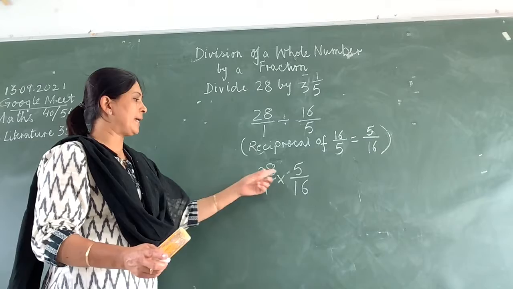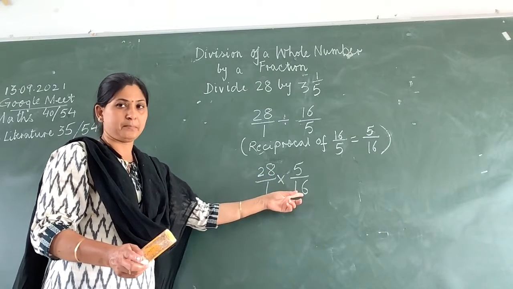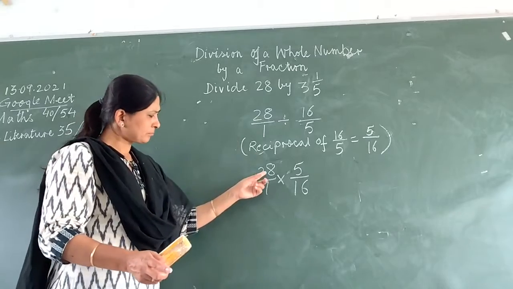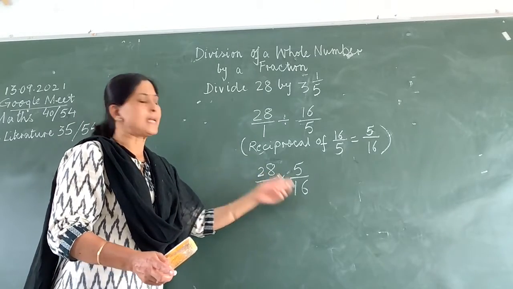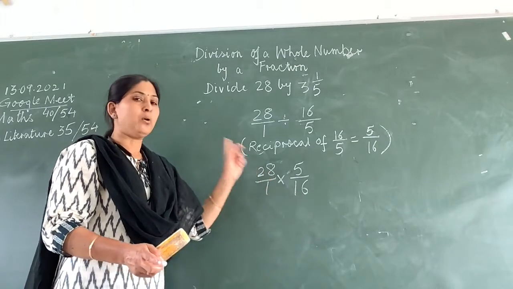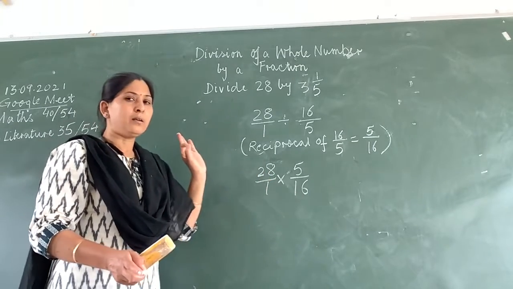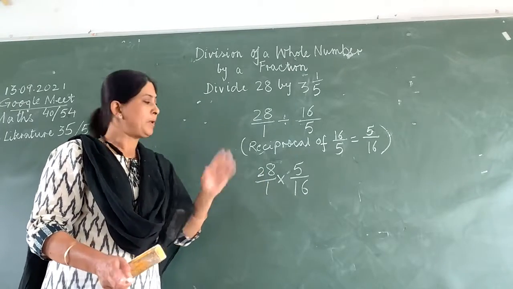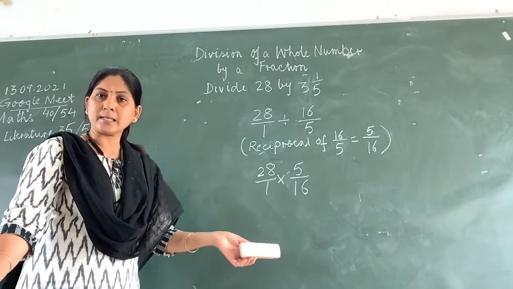Now children, let's see which numerator and denominator have a common factor. Now see 28 and 16. Both are even numbers, that means they are divisible by 2. 28 and 16 are also divisible by 4. Now think of a number which will divide 16 and 28 apart from 2 and 4. Children, I cannot think of any such number.